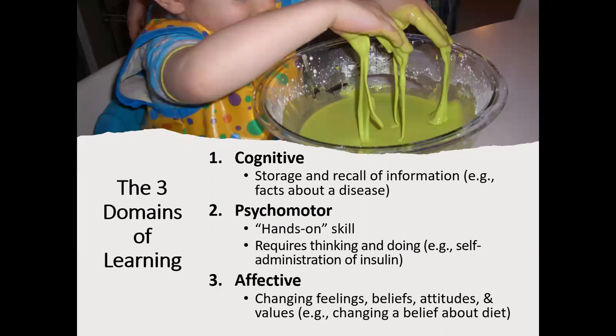So the three domains of learning, when we talk about learning, is cognitive. And cognitive includes storing and recalling information in the brain, ranging from simple to complex processes. This encompasses 6 levels of behavior, which is memorization, recall, comprehension, analysis, synthesis, application, and evaluation of ideas.